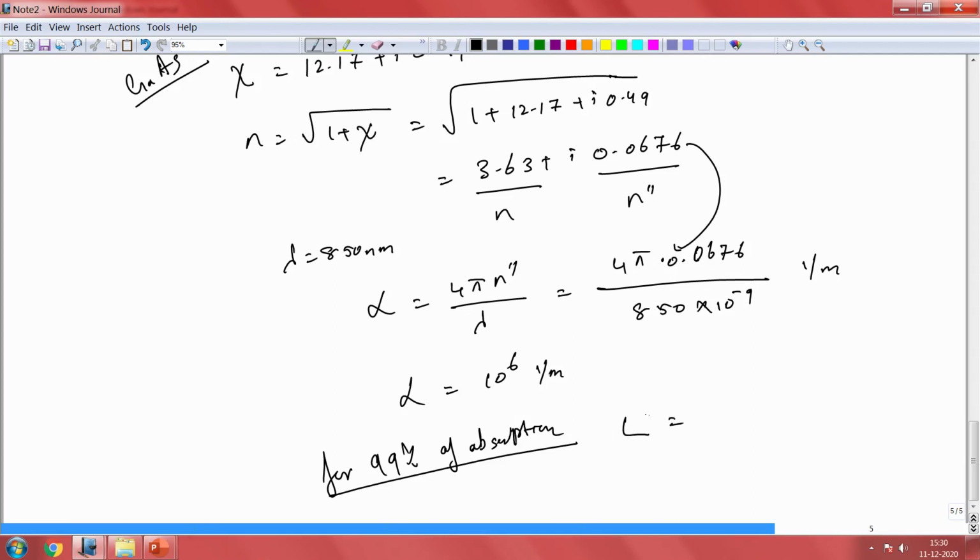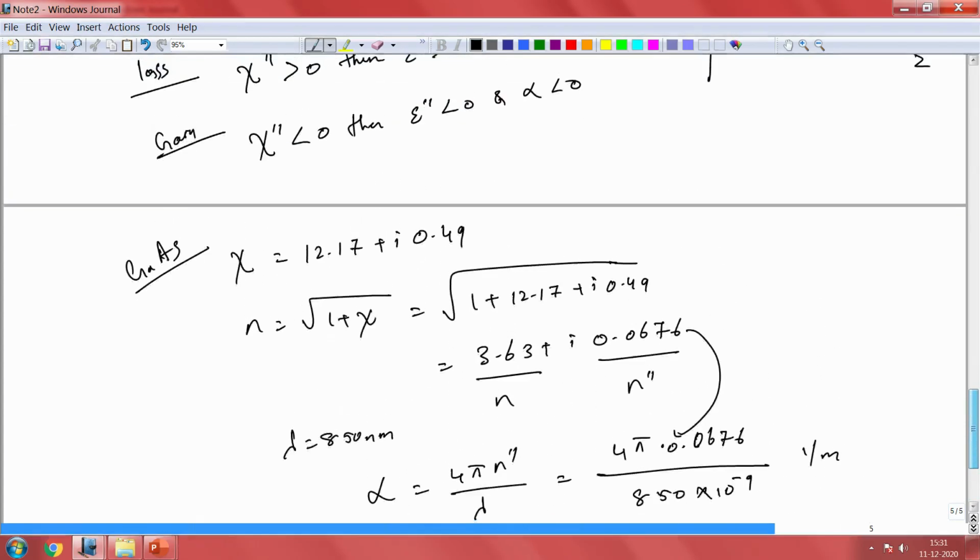That means L should be equal to minus natural log of 1 minus 0.99, over alpha. So, this is what I need. When you do this, you will get something like 4.5 micron or so.